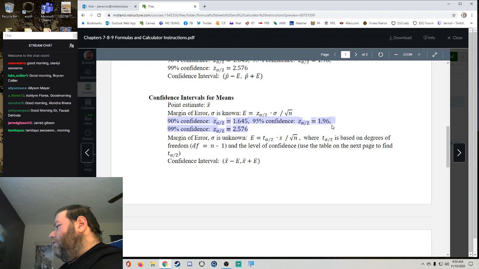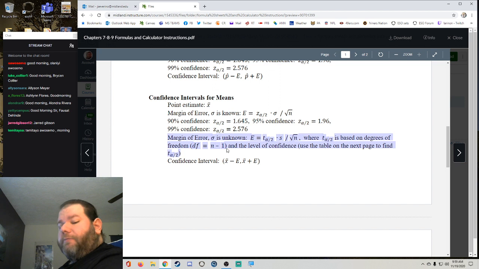This is what I was saying before. Now, margin of error if sigma is unknown, that's what we're looking at right now. We have our different formula for E, where t alpha over 2 is based on degrees of freedom, df equals n minus 1, and the level of confidence, which we'll use the table on the next page to find.